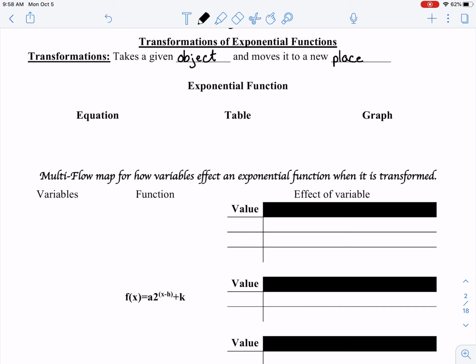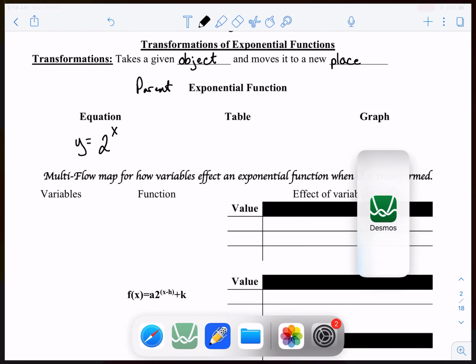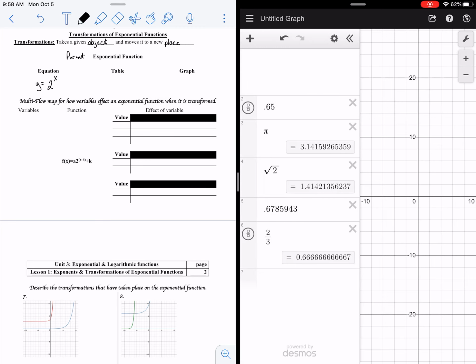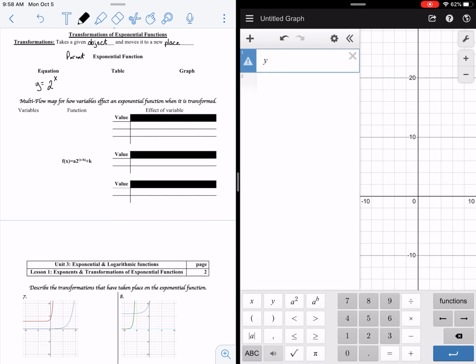Exponential function, we're going to talk about the parent, so I guess I should write this up here. The equation is y equals base 2 raised to the x power. The table looks like this. Y equals 2 raised to the x power.